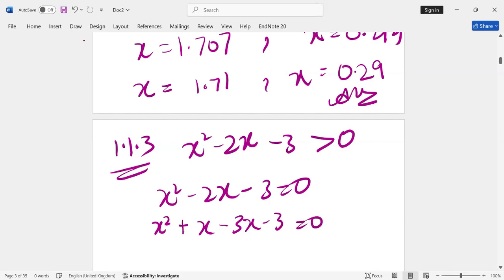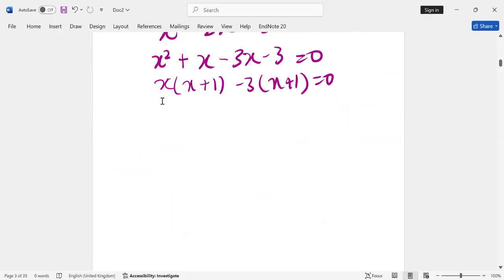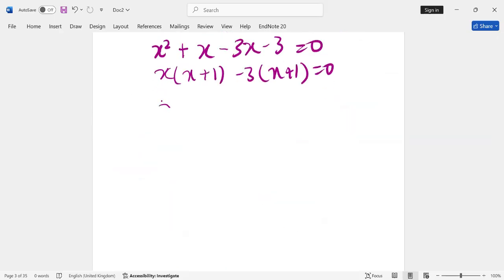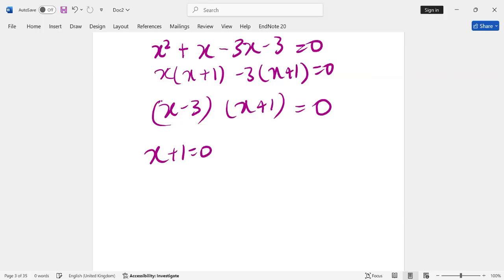And I'm taking x common. We got x into x plus 1 minus 3 common, x plus 1 equals to 0, right? So I'm just going to simplify: x minus 3 and x plus 1 equals to 0. Now we have x plus 1 equals to 0 and we have x minus 3 equals to 0, x equals to minus 1 and x equals to positive 3.